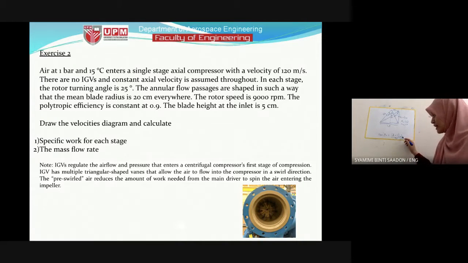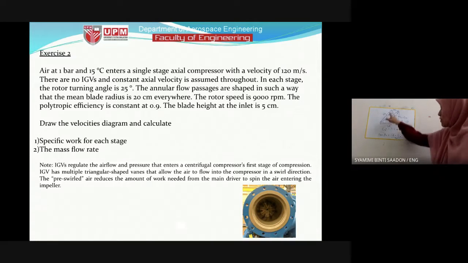So we can calculate CU, the tangent component of C2, the absolute velocity. From here, CU2 is 111 or 112 meters per second.